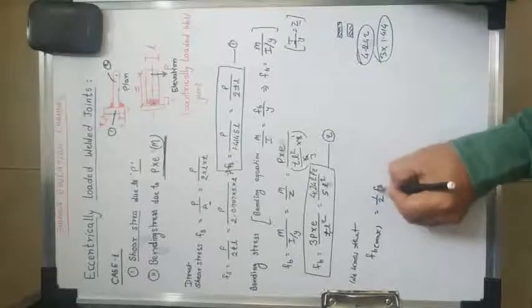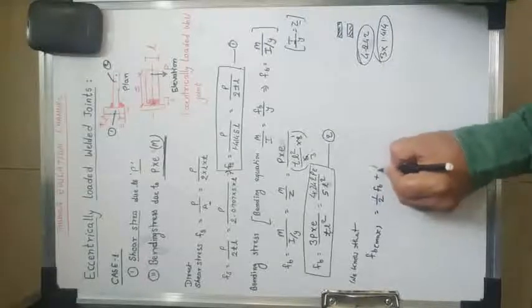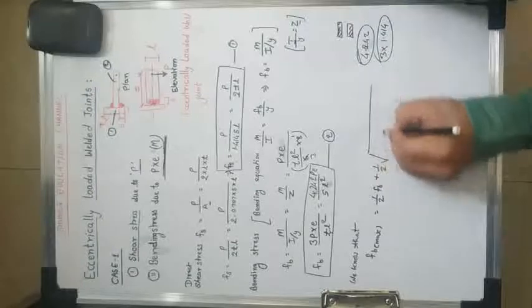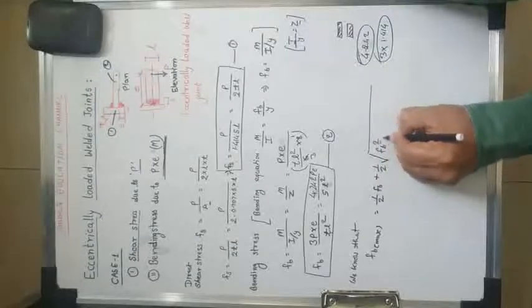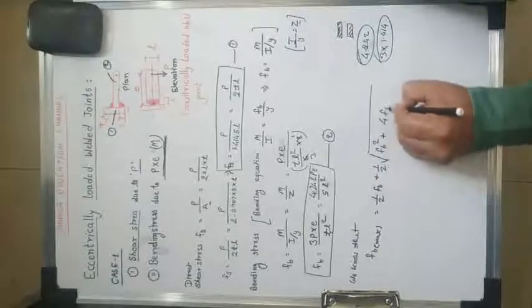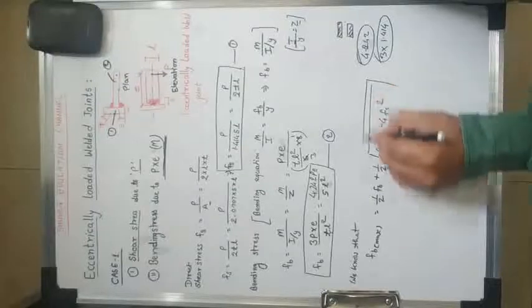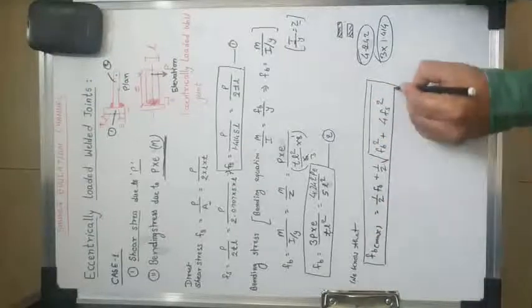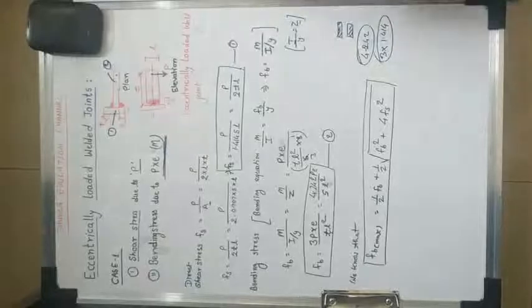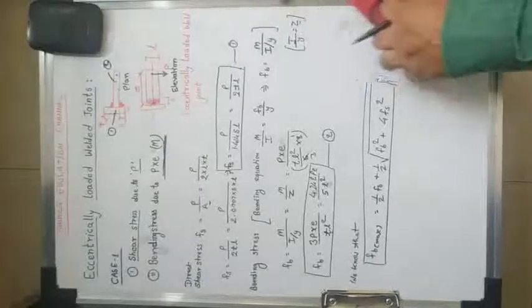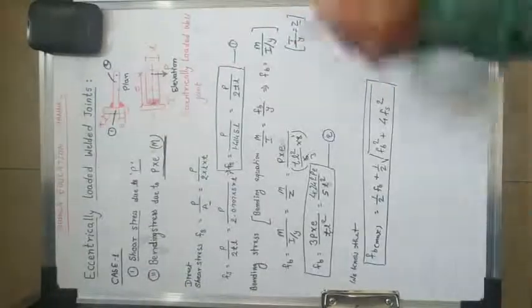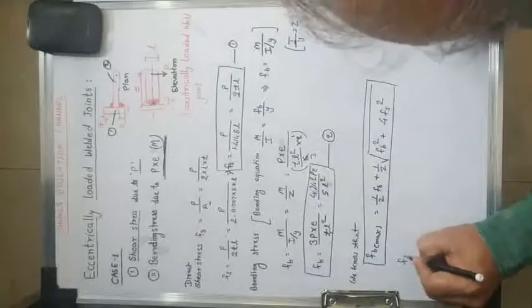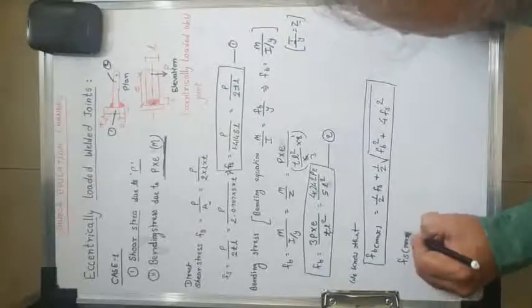This is 1 upon 2 Fb plus 1 upon 2 root Fb square plus 4 Fs square. This is the maximum bending stress formula. And the maximum shear stress formula, Fs max, what is that?